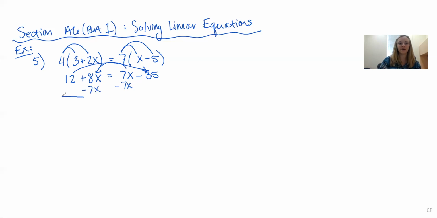So let's subtract that. Then on the left side, we bring down the 12. 8 minus 7 is 1, so we're going to have plus 1x, which is just x, equals, on the right side, we cancel out those 7x's, and we're left with the negative 35.